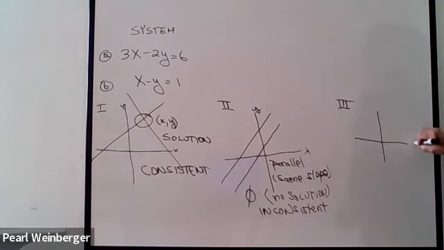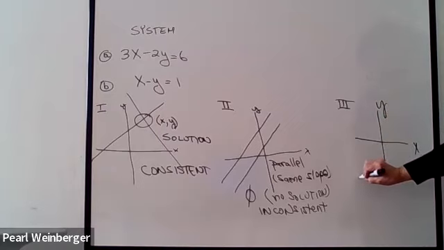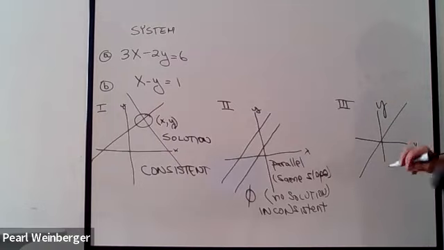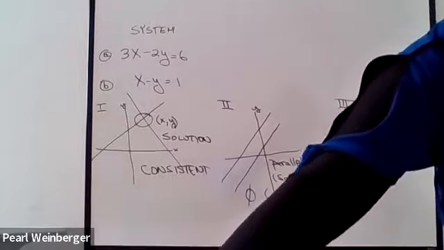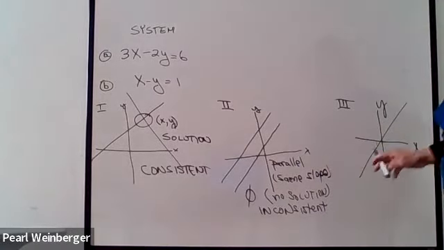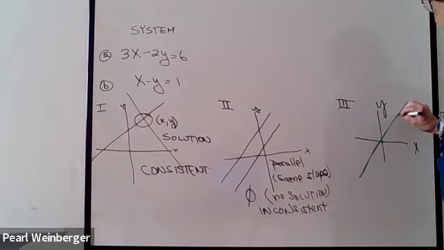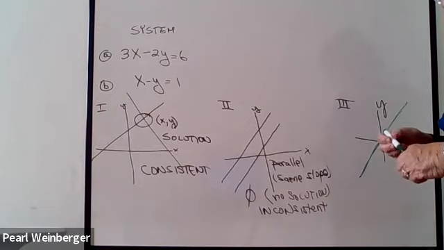You go to draw your two lines, and you draw your first line. And then when you go to draw your second line, it turns out to be right on top of that first line. The two lines actually are the same line.